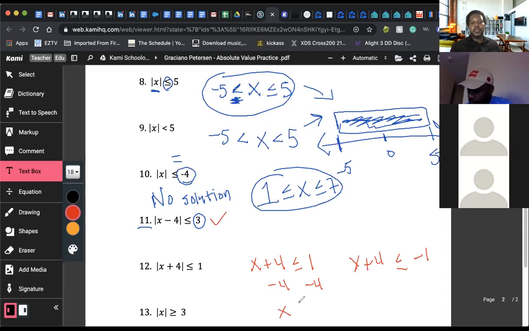So x is less than or equal to -3. Subtract 4 from both sides here. x is less than or equal to -5. So that means that our solution needs to be -5 is less than or equal to x, which is less than or equal to -3. So the only numbers that work are when x is within that range.